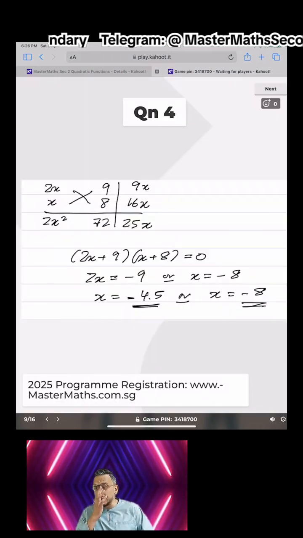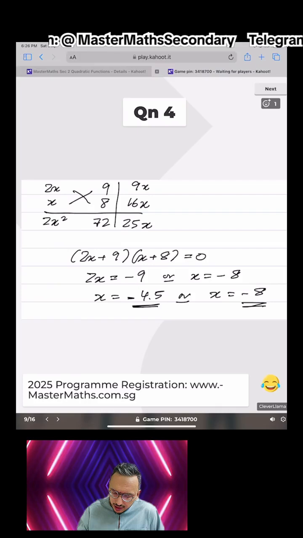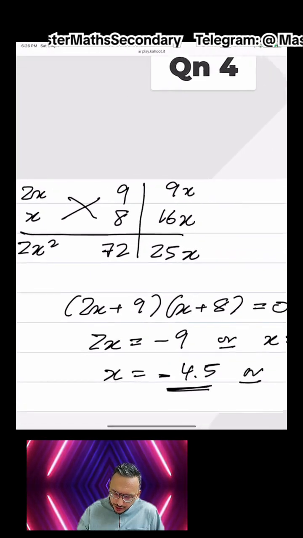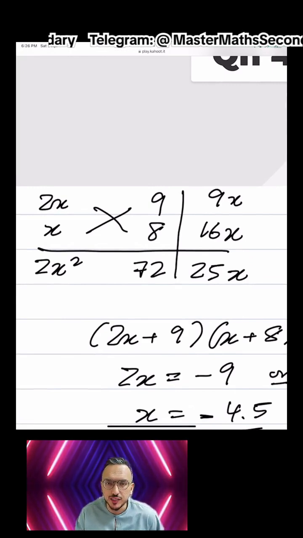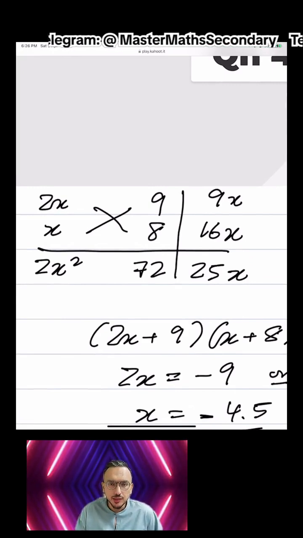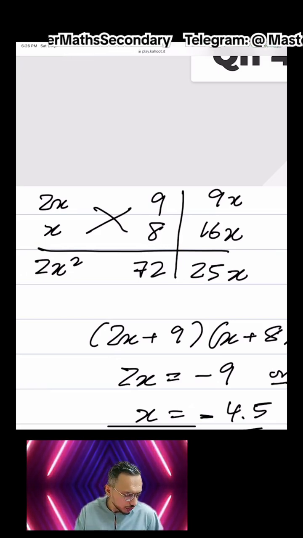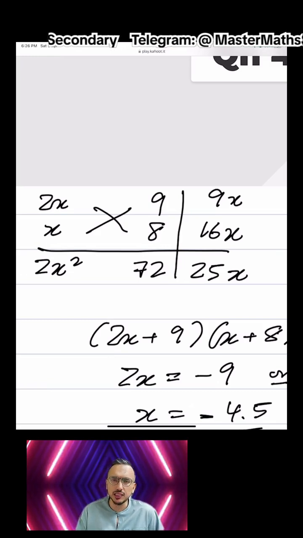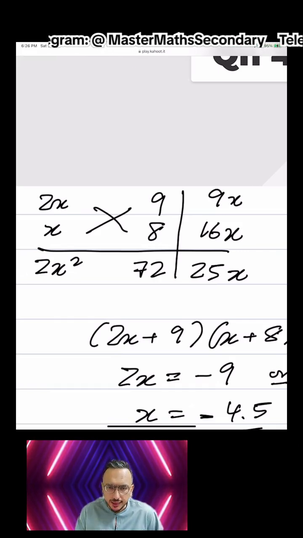Let's see the solution. So this one very easy lah. This one is just about factorizing the quadratic. Okay guys, so again observe carefully where to put the first term, where to put the third term. So the first term is 2x squared, the third term is 72. Okay, so the 2x squared we can break it into 2x and x. The 72 you can break it to 9 and 8.